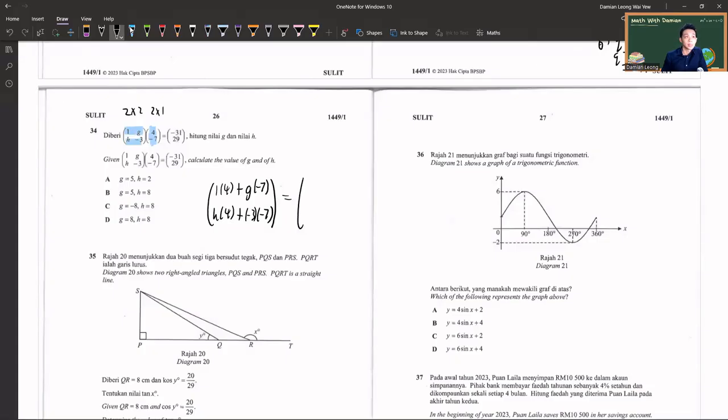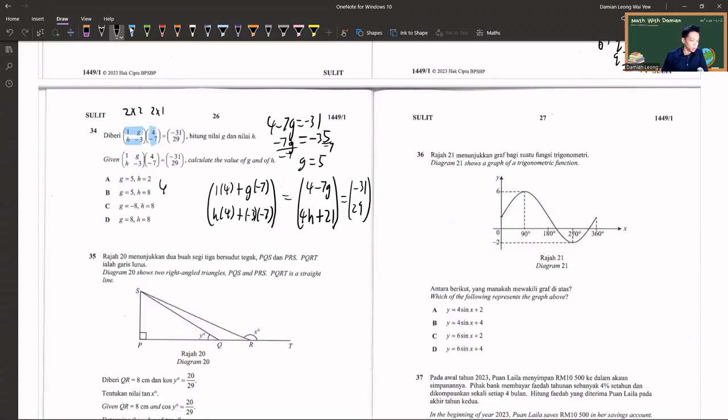So I will get 4 minus 7G, 4H plus 21. And it's equals to this, -31, 29. So I compare. 4 minus 7G is -31. -7G is -31 minus 4, -35. Divide -7, G is, negative become positive. G is 5.